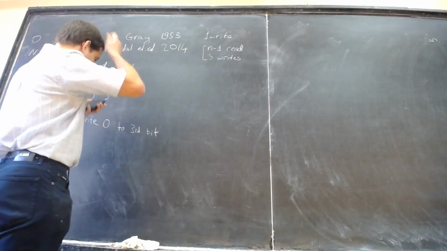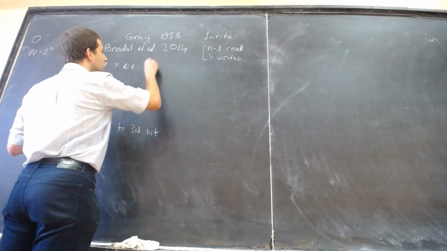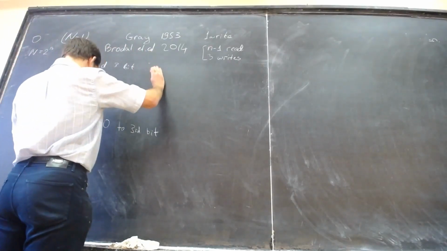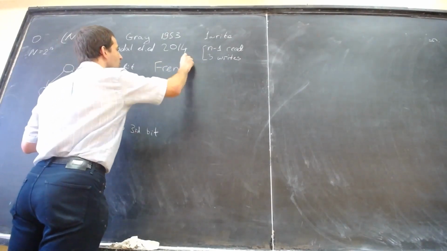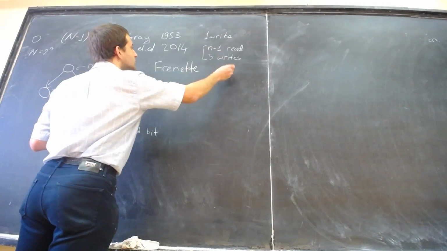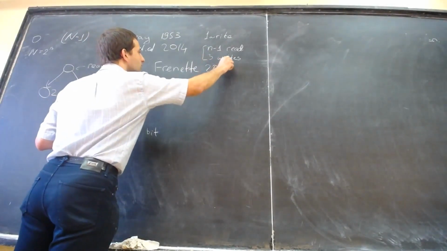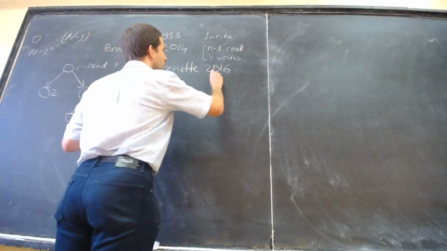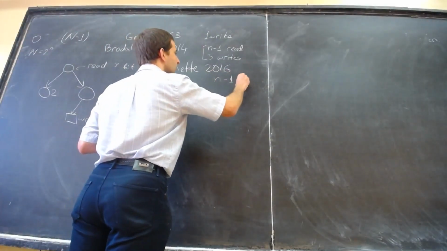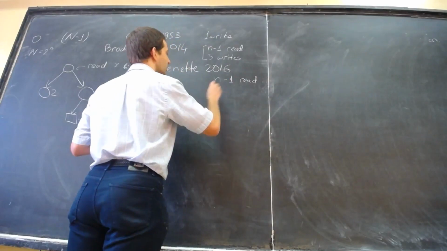Then there is a paper by Trenet, exactly Trenet, where it is n-1 bits and 1 read.